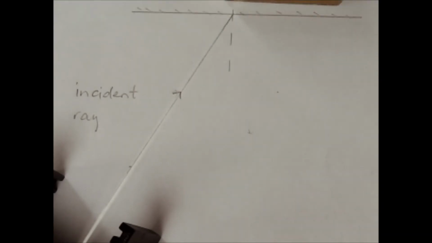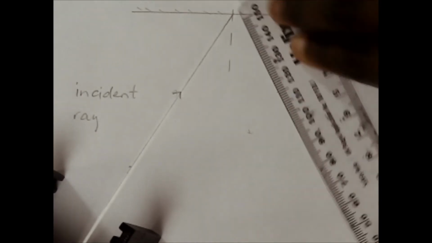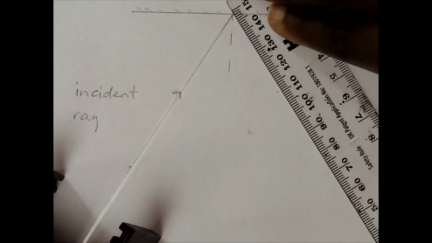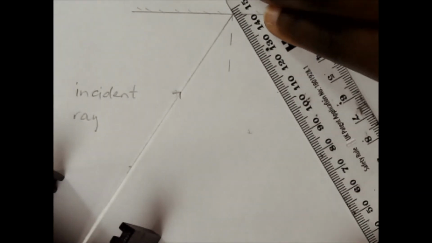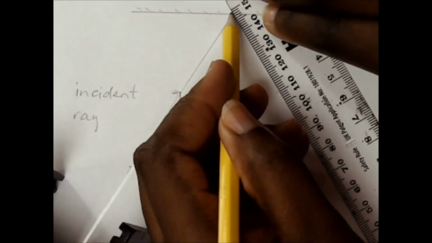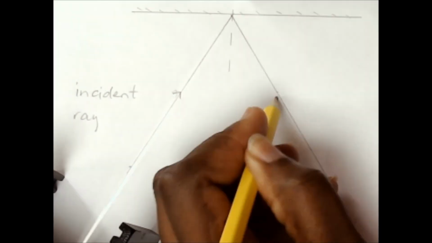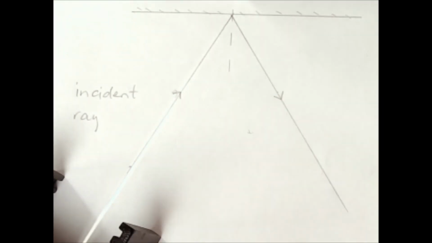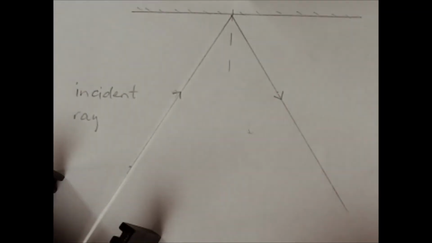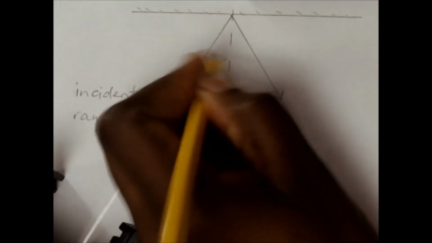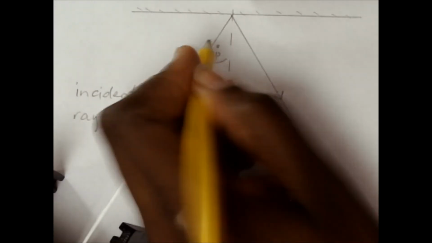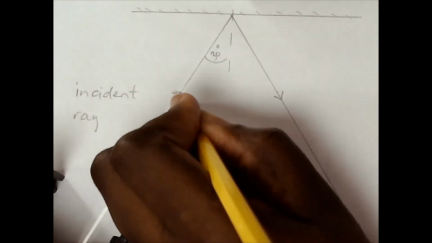So I'm going to remove my mirror and use my ruler to draw my reflected ray. I make sure it's at the intersection where the normal meets the mirror. I'm going to put my arrow going outwards because that's where the light was shining. So my angle of incidence was 30 degrees. That's my angle of incidence.